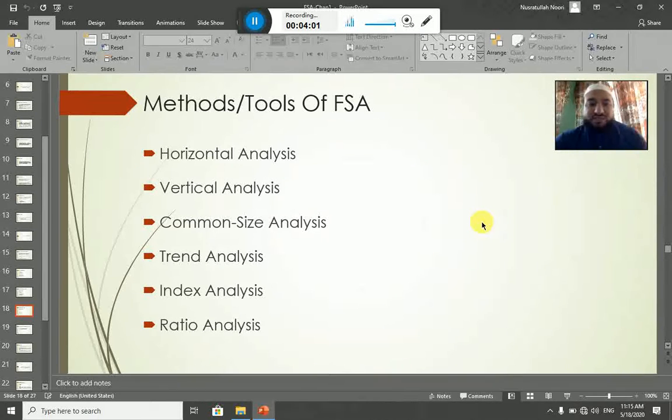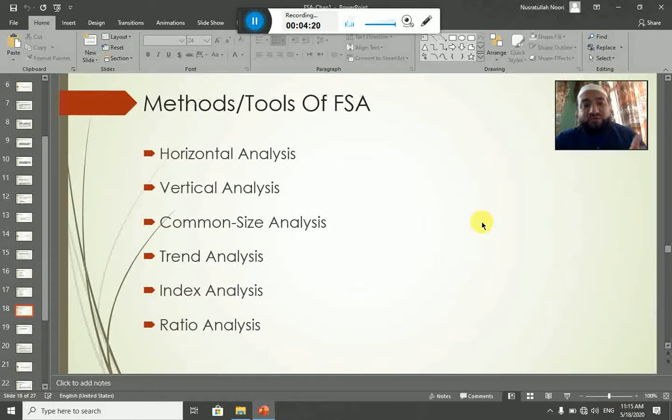And there are various methods with the help of which we can analyze financial statements. There are six, and each one is a separate financial analysis. Horizontal is a separate financial analysis, vertical is a different financial analysis, common size a different one, trend is a different one, ratio is a different one.